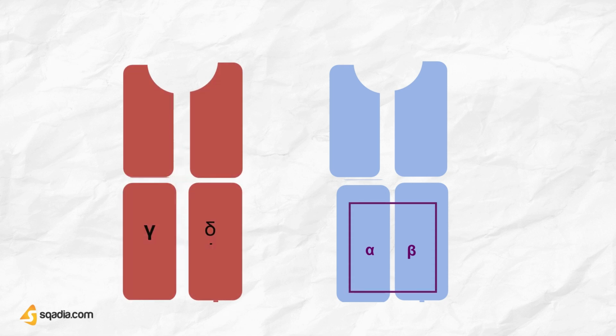These monomers make T-cell receptors. So one type of T-cell receptor can have alpha and beta monomers, while other types can have gamma and delta monomers. Mostly, T-cell receptors have alpha and beta monomers rather than gamma and delta.